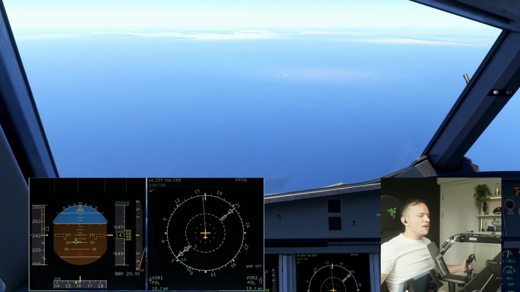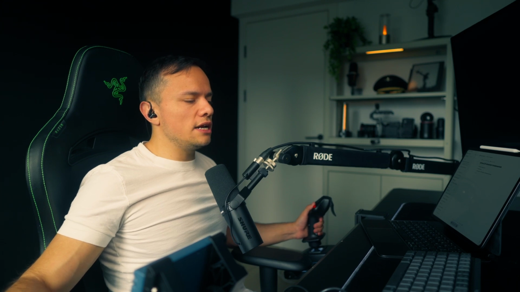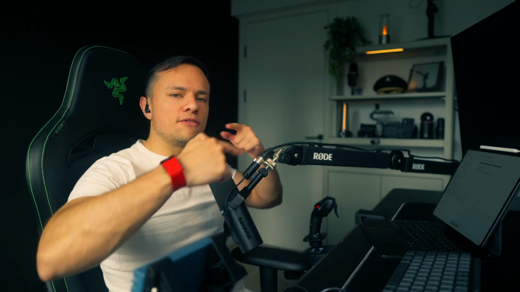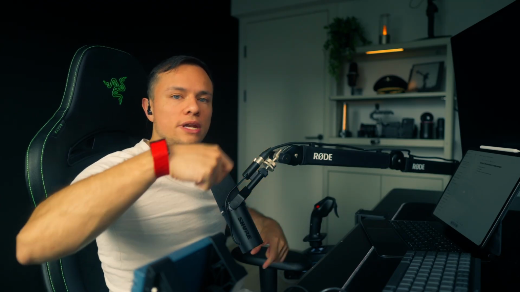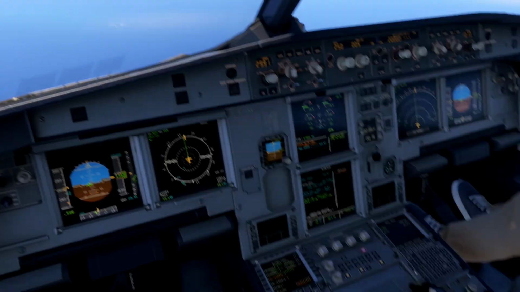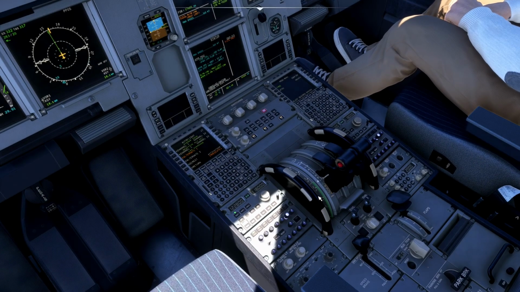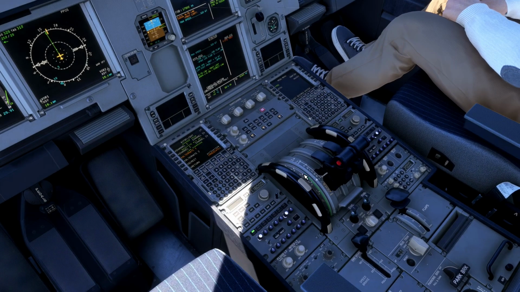After alternate law comes direct law. Direct law, most of the time, happens because you are in alternate law and then you set the landing gear down. Sometimes it will turn into direct law. And in direct law, we won't have the automatic pitch trim. So now we need to do it manually by rolling the THS, which is this one, controlling the trim.